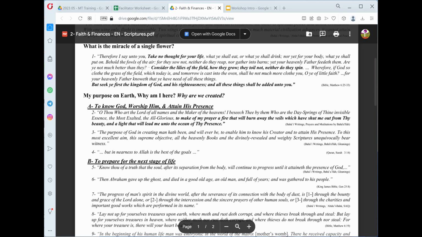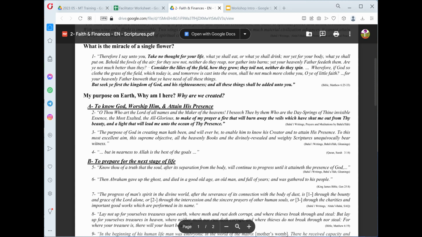So do we think that we are any less of a flower, that God has created us, and he will not provide for what we need? That's what I understand. What are your thoughts?